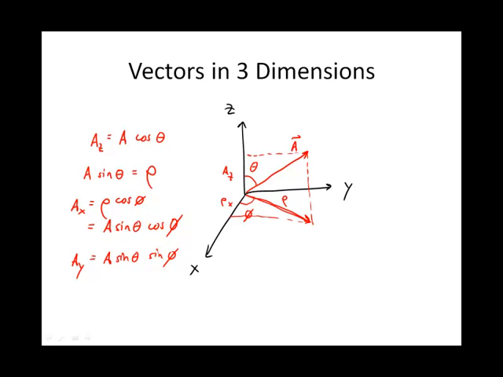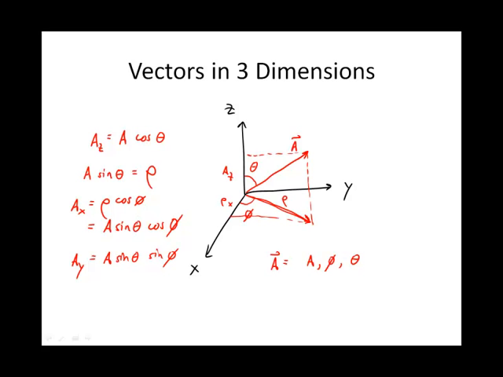And so oftentimes in spherical coordinates, a will be equal to some length of a, and then there's an angle phi associated with a, and an angle theta associated with a. And we're going to work with this during a laboratory experience sometime in the future.